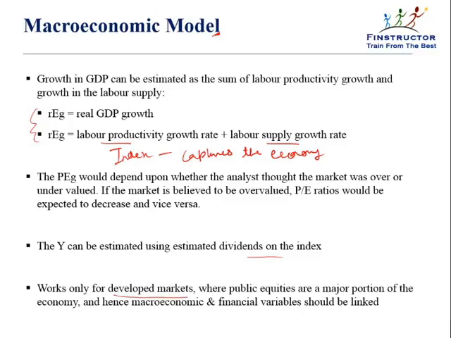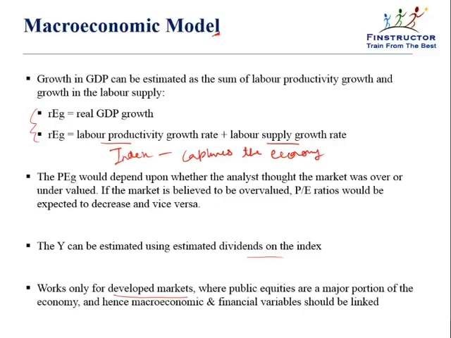In developed markets, generally all big companies will be listed. In developing markets, there may be many big companies that are not listed, or even if they are listed, they're a very small part of the index because there is no free float in those stocks. So in developing markets, the GDP growth can be very different from the earnings growth in the index, and hence this model will not be very good.